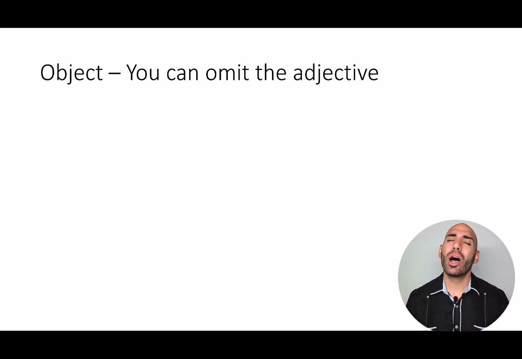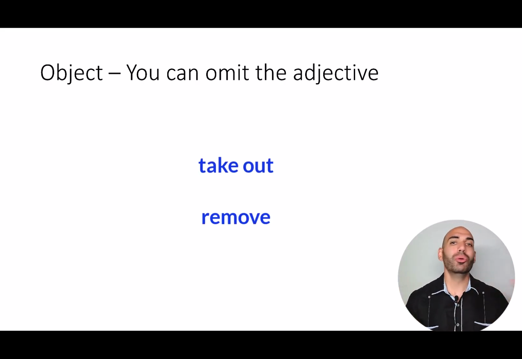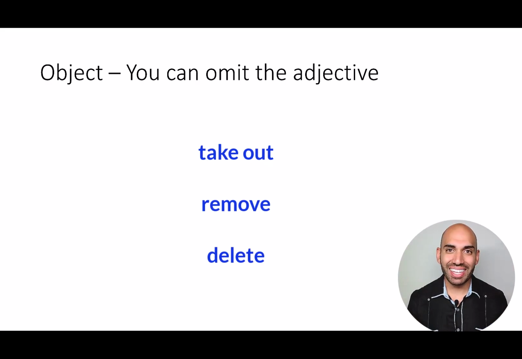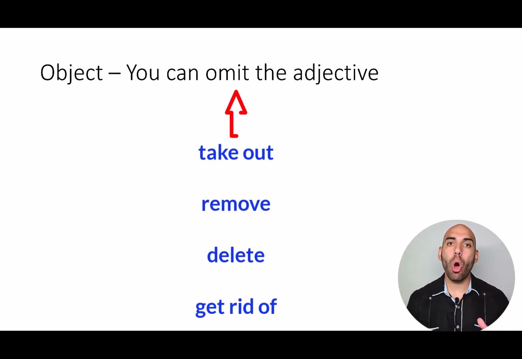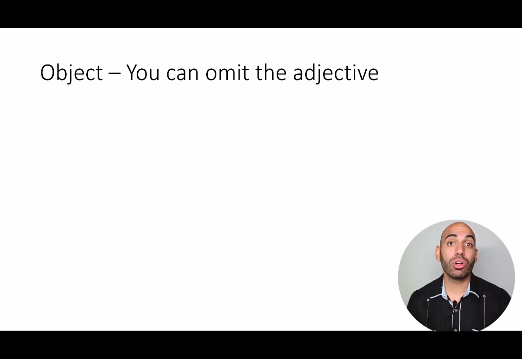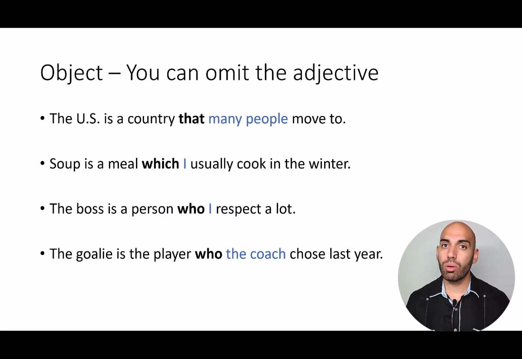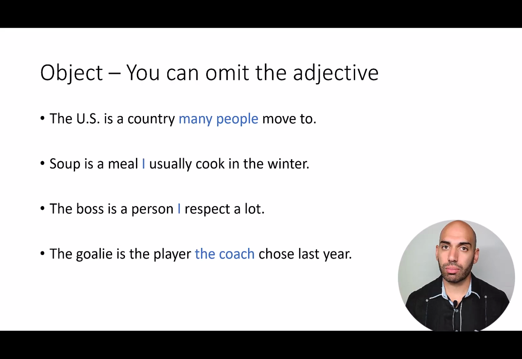What? Omit is a fancy word to say take out, remove, delete, get rid of. Omit? No more. So let's look at our 4 examples again. Now, watch what I can do.